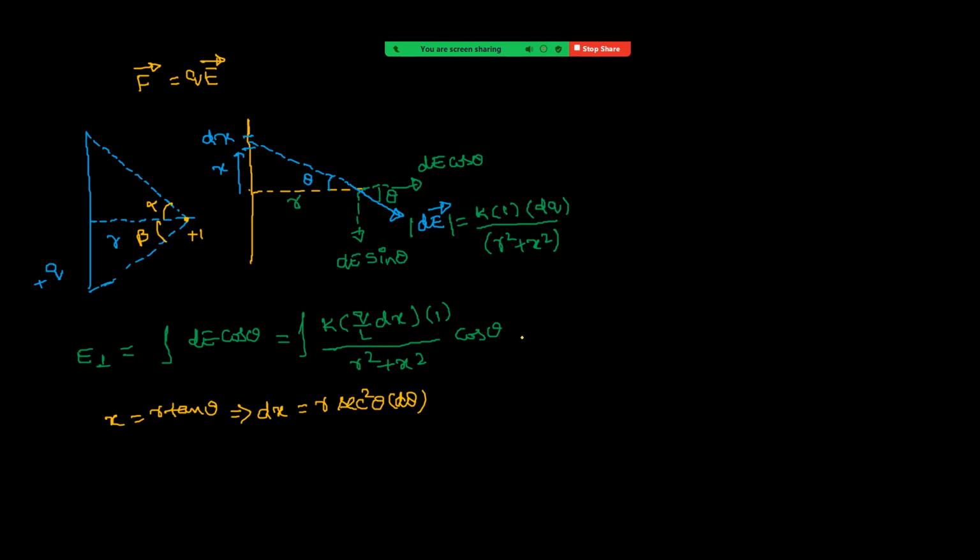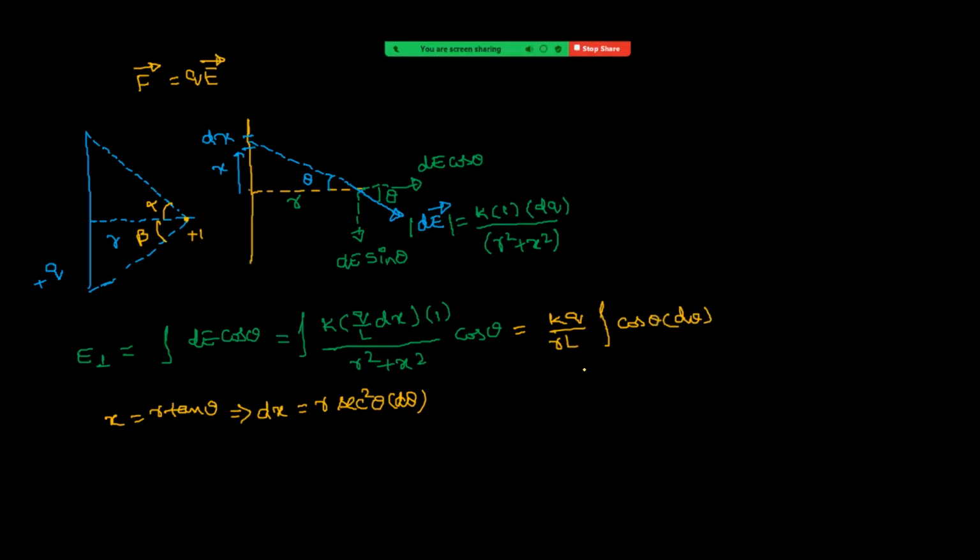So substituting this value, you can take K q by L outside, the integration of r secant squared theta over r squared secant squared theta, so r outside. The remaining is cos theta d theta.